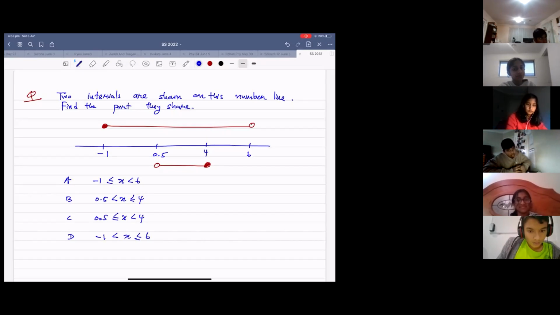Two number lines are given to you, so you need to find the part they share.